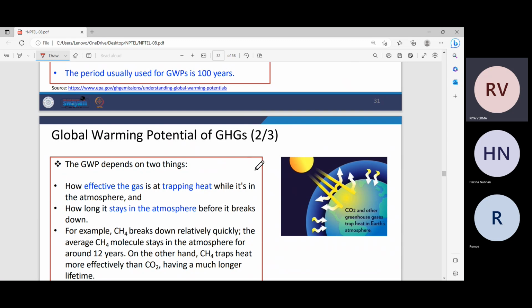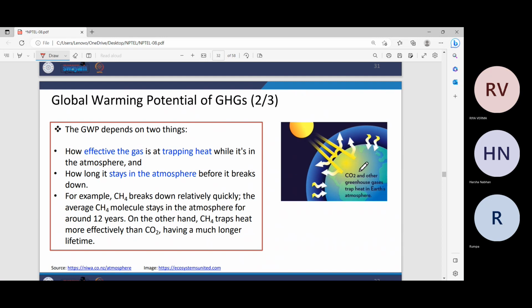There's some tendency of some gases to trap the heat within themselves, so how effectively they can do that is one factor. And next is how long it stays in the atmosphere, basically, how stable is that gas before it breaks down. So, these are the two factors that affect your global warming potential.